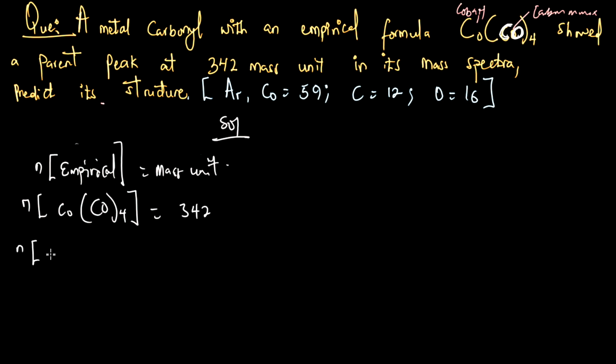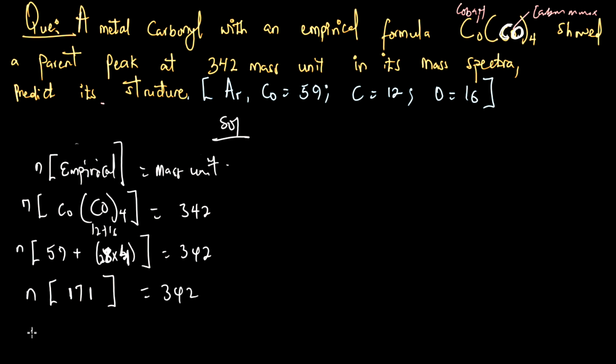So n times (59 plus 4 times 28) gives 342. Recall that CO is 12 plus 16, so that's 28, times 4. So n times 171 equals 342, so n equals 342 over 171, so we have n to be 2.